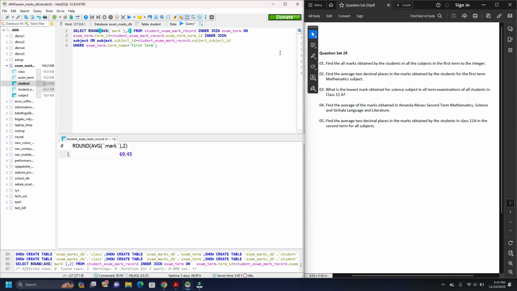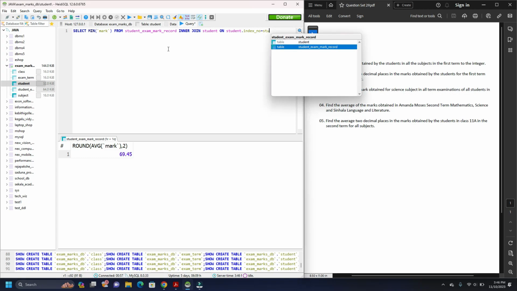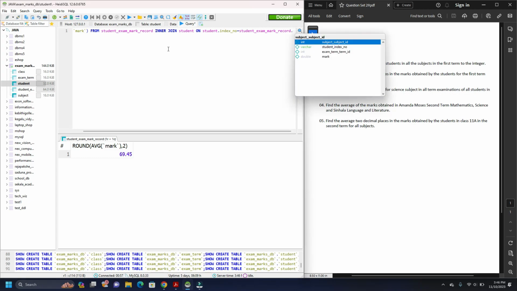So finding the lowest marks, starting with select min mark from student exam mark record, inner joining with student on student dot student index number equals student exam mark record dot student index number.